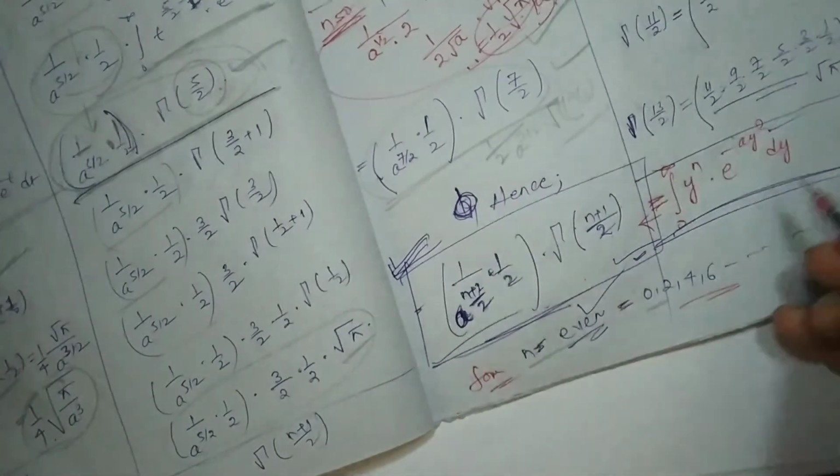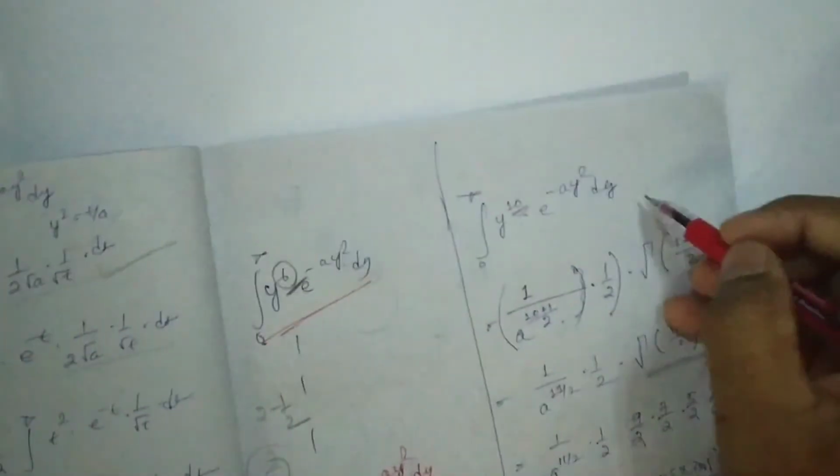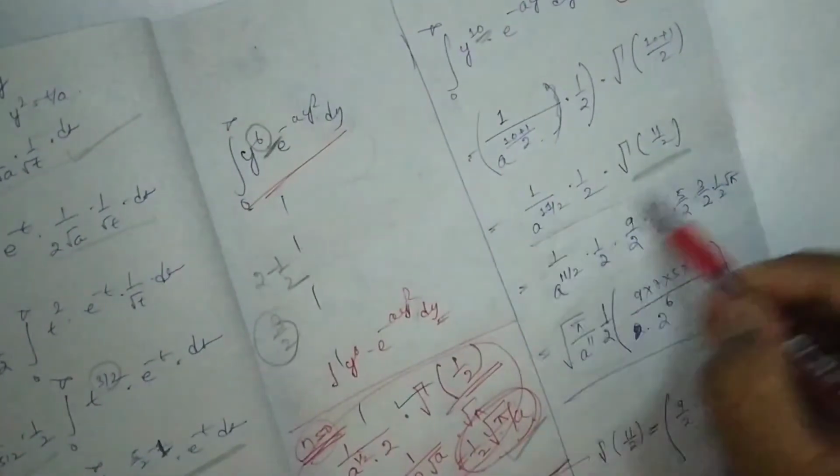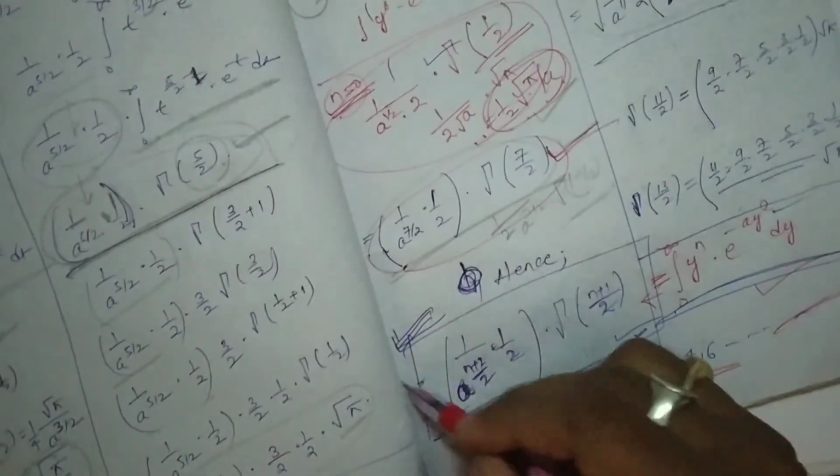Okay, so by considering that much you have written, by considering this formula, this integral will be this much. And for n equal to 0, that means y to the power 0 into e to the minus a y square dy equal to this much. These things you have to write by considering this general form.